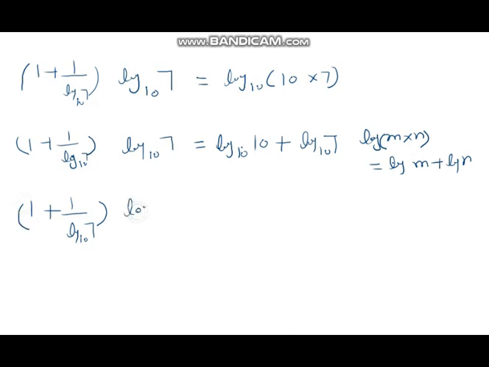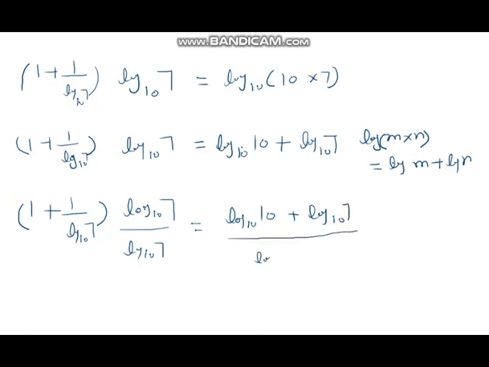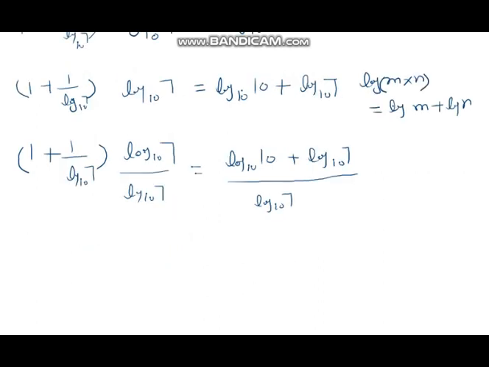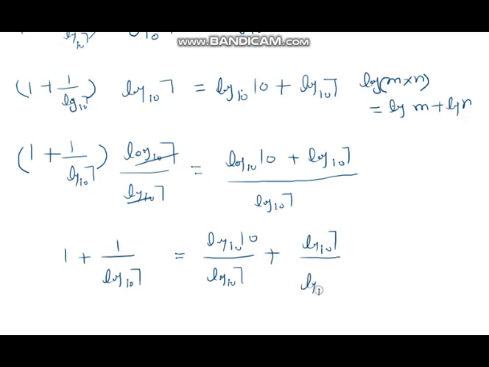Dividing both sides by log base 10 of 7, we get 1 plus 1 over log base 10 of 7 is equal to log base 10 of 10 over log base 10 of 7 plus log base 10 of 7 over log base 10 of 7.